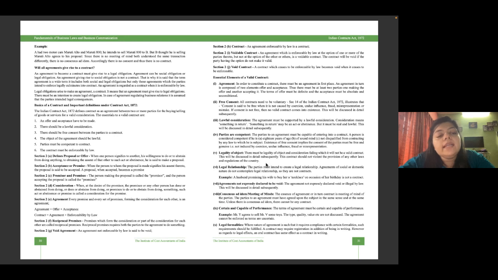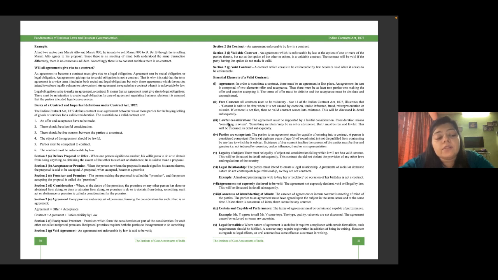Now, do all agreements give rise to a contract? This is a very basic question that is at the heart of the Indian Contract Act. Every agreement will only give rise to a contract, provided there are certain basic tenets that it fulfills.